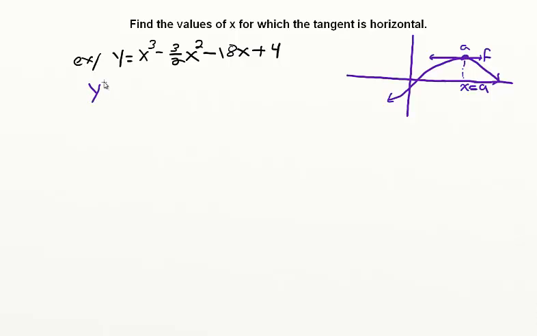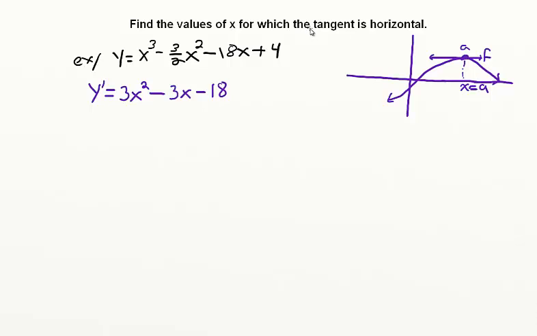So we're going to go ahead and take y prime, and we know how to do the power rule, so this is going to be 3x squared minus, well, a 2 divided by a 2 is just 1, so we'll have minus 3x, and then we're going to get minus an 18.